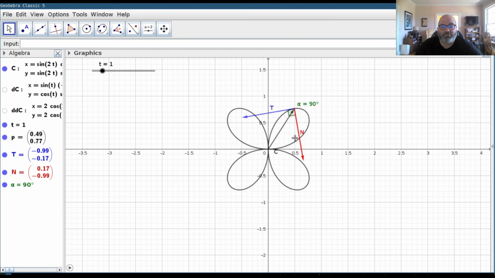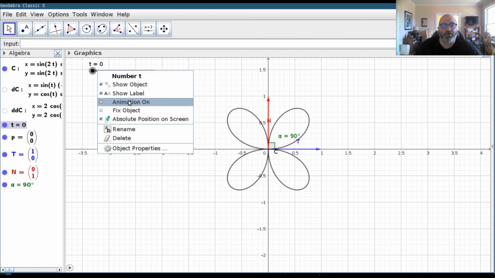So we get a 90-degree angle between our unit tangent and our unit normal vector. Our unit normal vector is pointing into the curve, and all of this is attached to our position vector. So what we have now is a two-dimensional coordinate system that flows along with our curve as we increase our parameterization. We'll watch that as it goes around one time, with the animation on.